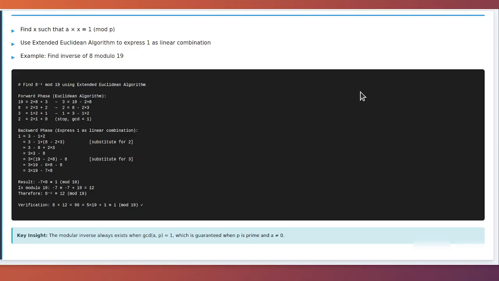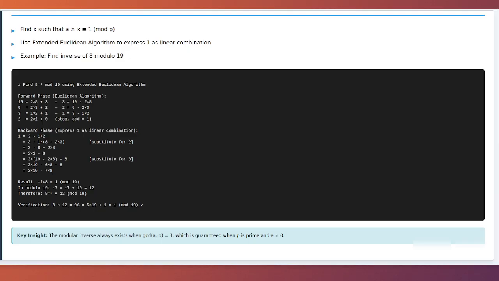Now we back substitute. From the third equation, 1 equals 3 minus 1 times 2. Substituting for 2 from the second equation, 1 equals 3 minus 1 times (8 minus 2 times 3). This equals 3 minus 8 plus 2 times 3, which simplifies to 3 times 3 minus 8.